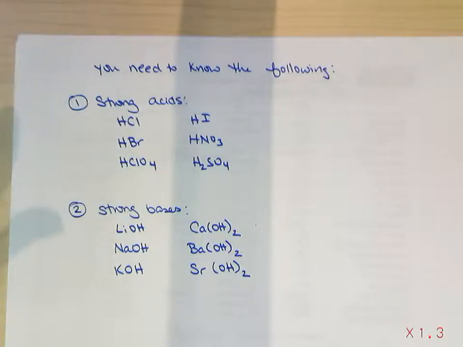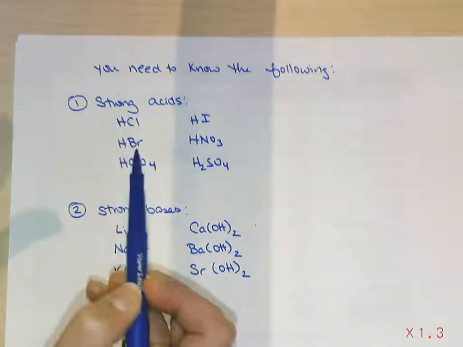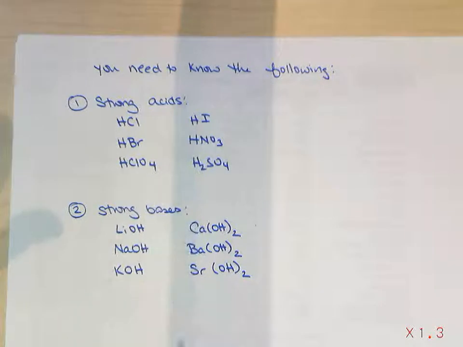The acids are a little trickier because they don't seem to have a good pattern. There are 3 of the halogens, and then there's these 3. The bases are pretty straightforward. It's the alkali and alkaline earth metals, each with their OH components.